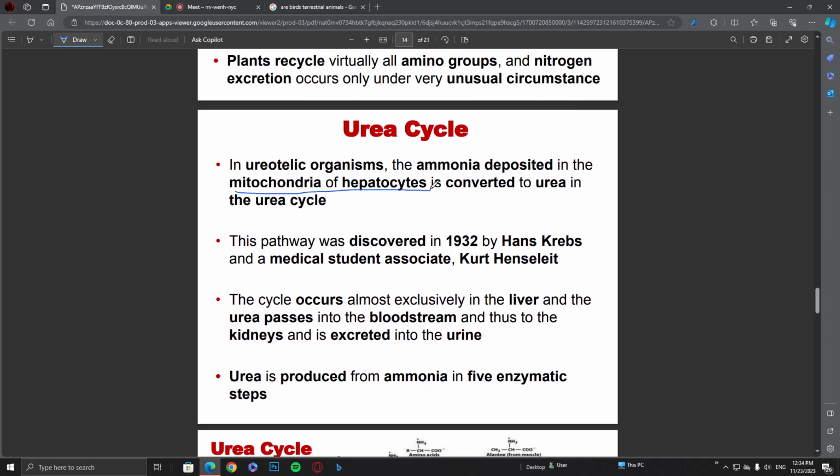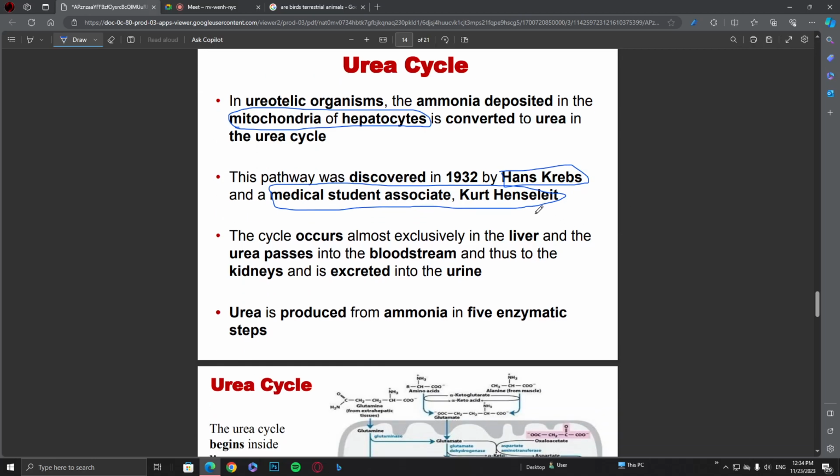That means we can say the urea cycle occurs in the mitochondria of hepatocytes. This urea cycle was discovered by the same scientist who discovered the Krebs cycle, Hans Krebs, in 1932. But another scientist was also involved, the medical student associate Kurt Henseleit.